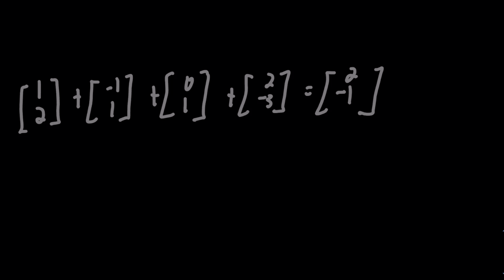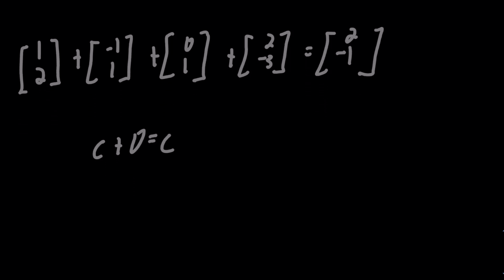Now, this opens us to something new. One important property of the sum of real numbers is that 0 is what's known as the additive identity. That is, C plus 0 is equal to C, where C can be any real number. This principle applies to matrices as well.